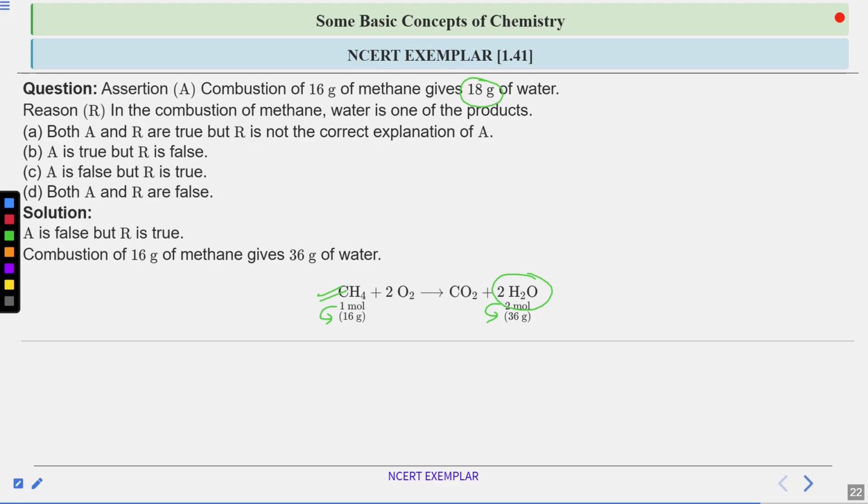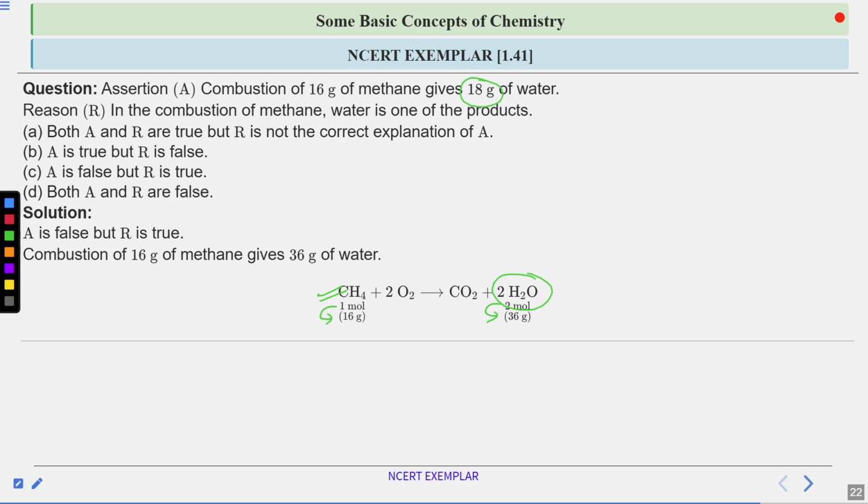But for the time being, say we have already balanced the equation. So this is your balanced equation. According to this balanced equation, we can see that 1 is the stoichiometric coefficient of methane and 2 is the stoichiometric coefficient of water. It means 1 mole of methane is combusting to give you 2 moles of water. Got it? Now what is the mass related to 1 mole of methane? It is 16 gram. The mass related to 2 moles of water is 36 gram.